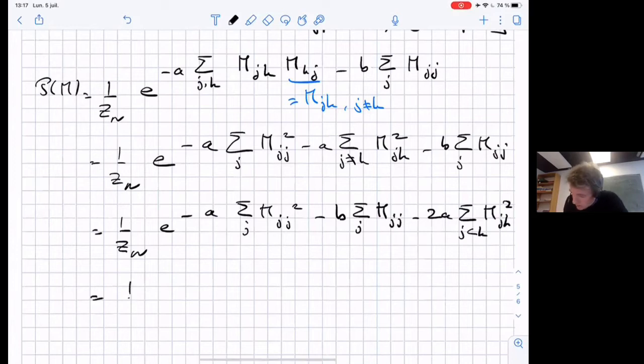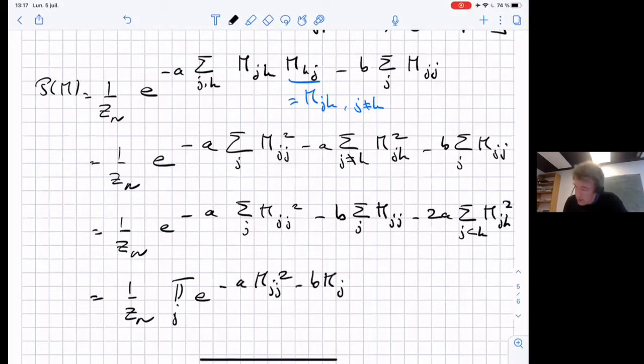Indeed, now at the end of the day, you can still write it exactly as a Wigner matrix should look like, because that will be the exponential of minus a M_jj squared, and then the product over i less than j of exponential of minus 2a M_ij squared.